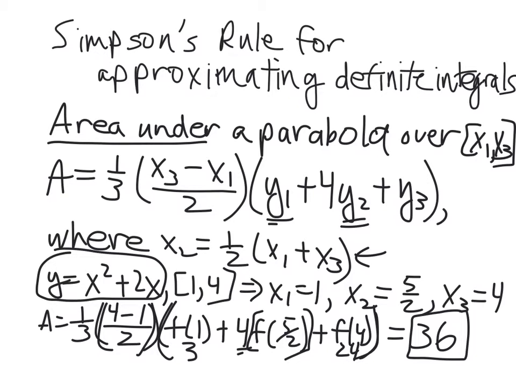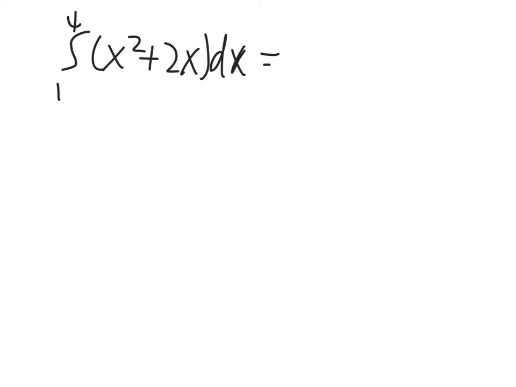That's probably why we've never seen this formula before, because it does get a little cumbersome. But let's go ahead and integrate from 1 to 4 for this function x squared plus 2x. And we'll verify that that formula is in fact the area under a parabola.